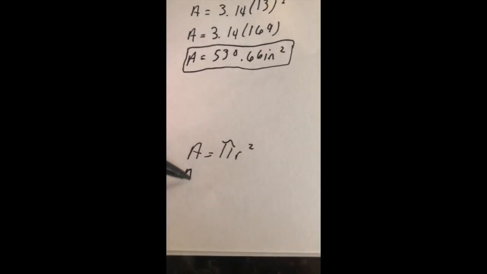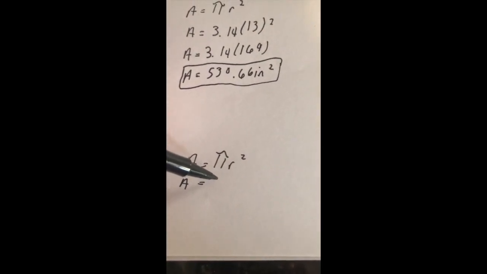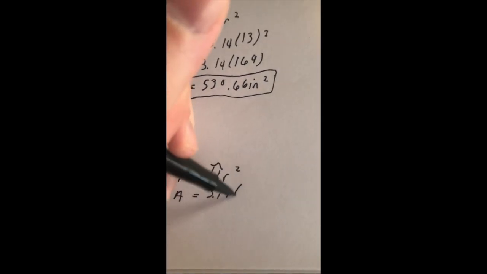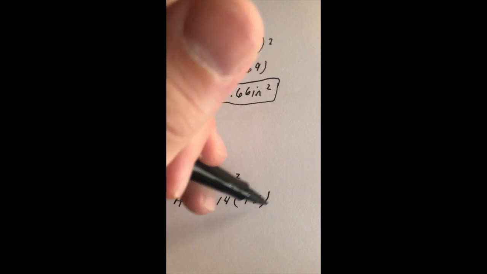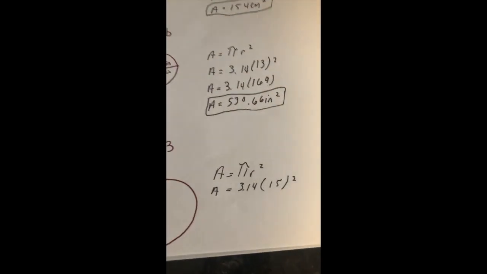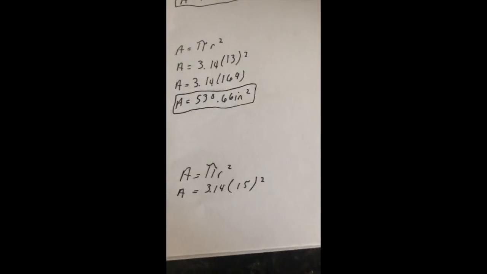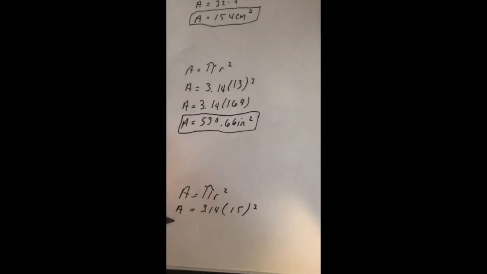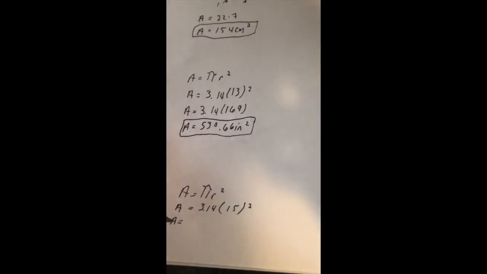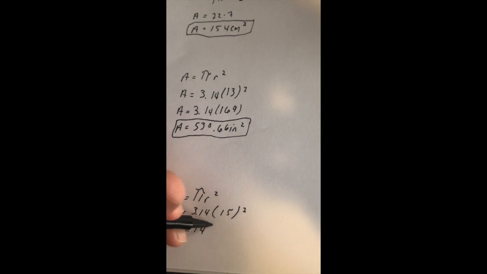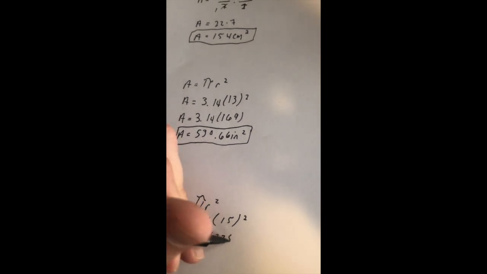So we have A is equal to 3.14 times 15 squared. And we know that 15 squared is 225. So we have 3.14 times 225.